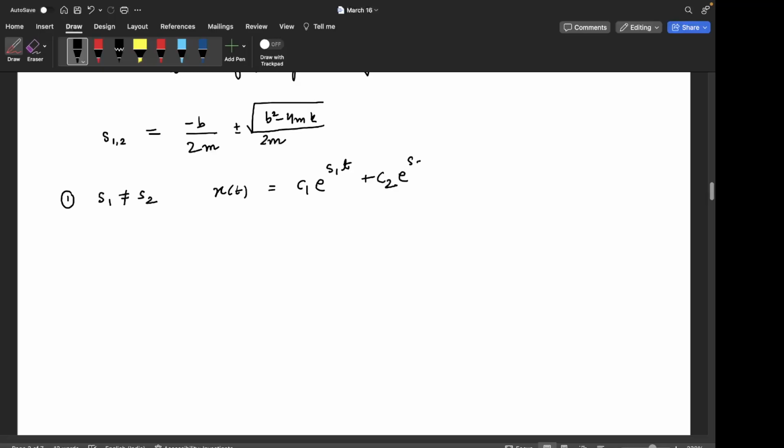So the final outcome is a weighted sum, weighted because each of the exponentials gets multiplied by a certain number, C1 and C2, and this is the response. So here you see that there are two independent solutions.